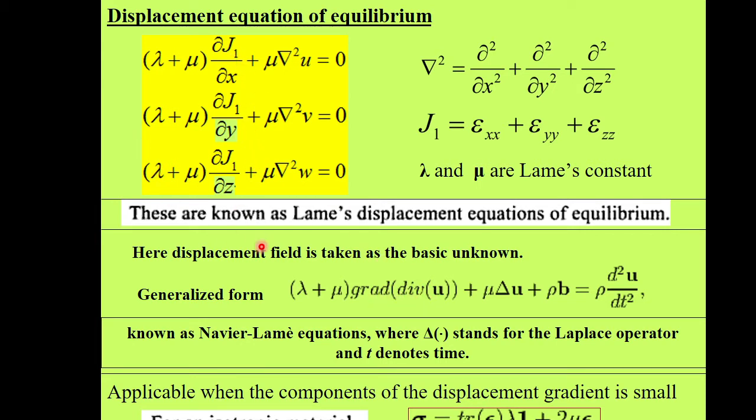So lambda plus mu, this part is okay. And here mu into delta square, here we should have this delta square, right? Yes, sir. And what is written? This is written here as a Laplace operator. So if this is a Laplace operator, then this delta u stands for this delta square u.